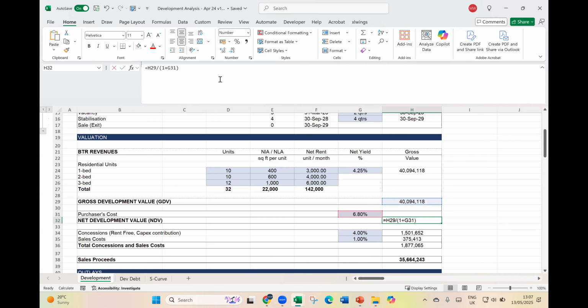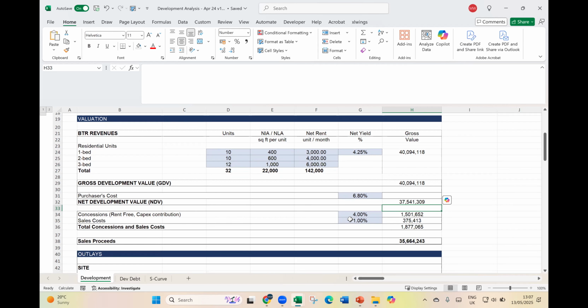The way you do this is that you divide by 1 plus the 6.8%. It is not times 1 minus the 6.8%. This is a mistake I see a lot of people doing. So as you're attending this webinar, I hope you don't make this mistake. Okay. And then we also need to look at any sales cost and any concession.